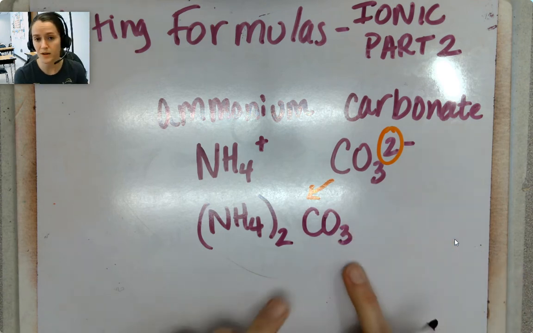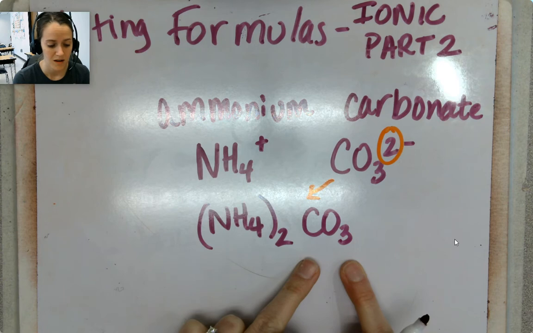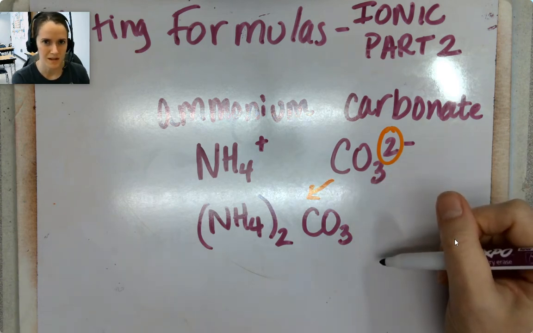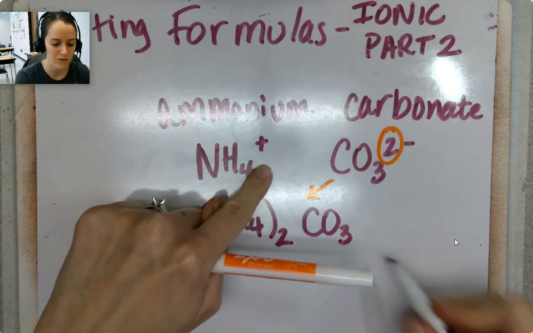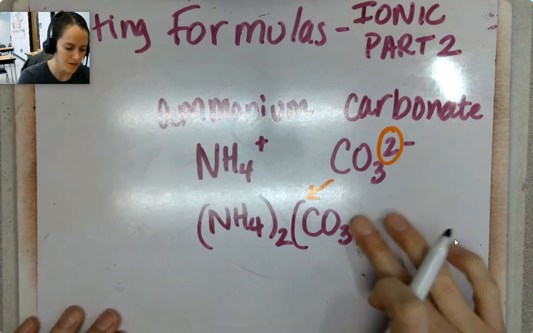There's no need to put the polyatomic ion in parentheses if there's not another subscript on the outside, if that makes sense. Since this was just a 1, I don't need to put a 1. It's fine just how it is.